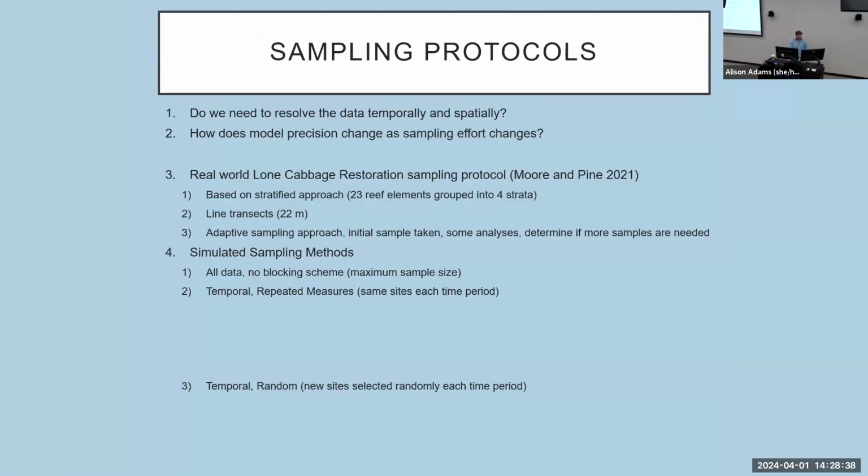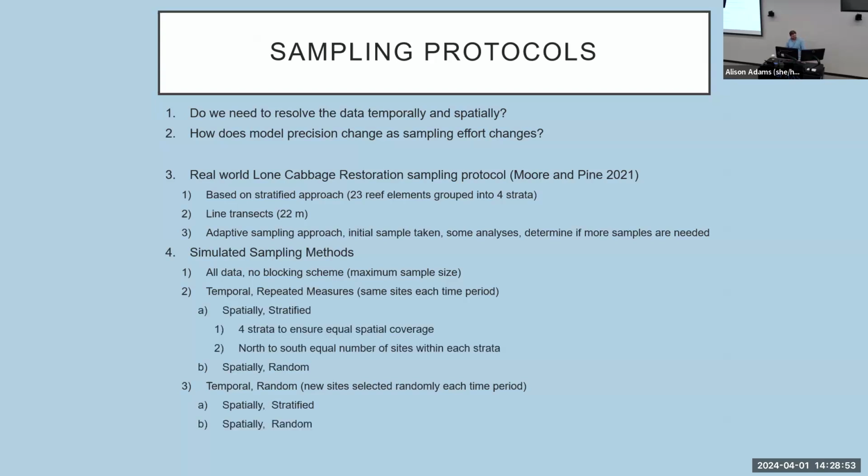I then incorporated the temporal aspect by doing either repeated measures or random sampling. With repeated measures, at time 1 the sites were chosen and the same sites were sampled at each time period, versus random, where at each time period different sites were sampled. I then included a spatial aspect, either being stratified or random.